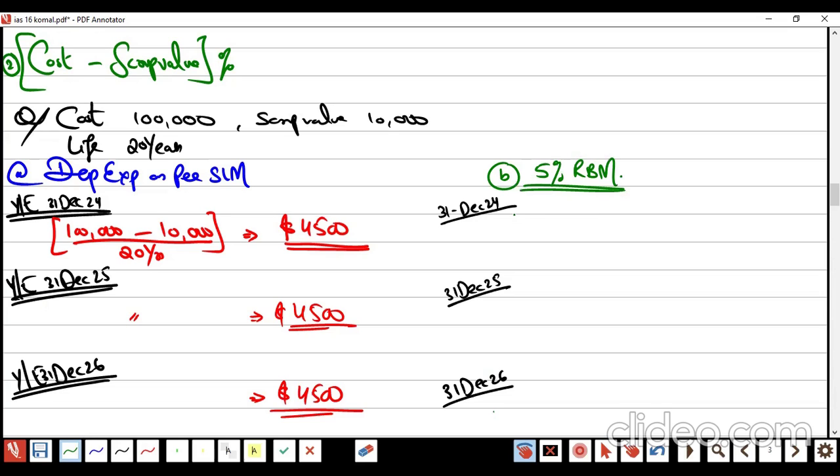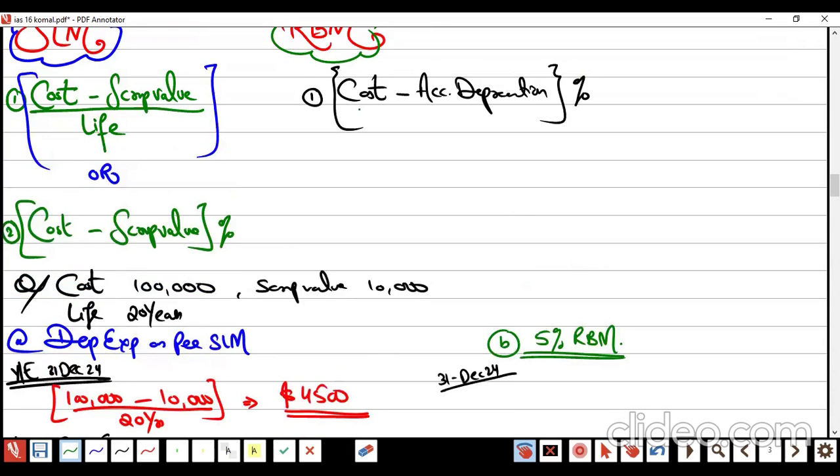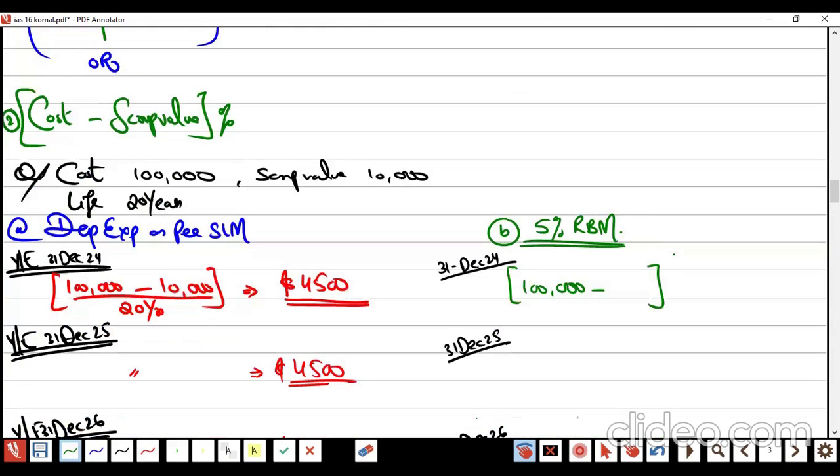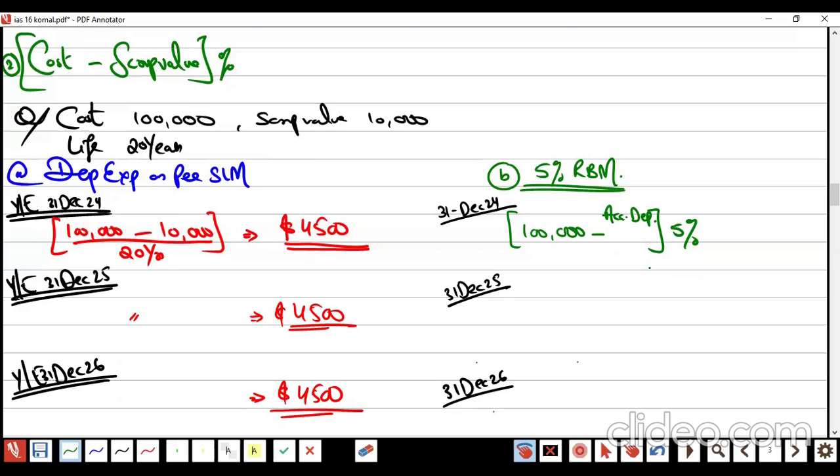So what is the formula? Cost minus accumulated depreciation. Cost is 100,000. Scrap value, no need. Rate is given, 5%. Accumulated depreciation: what is the meaning of accumulated depreciation? It is adding together all the depreciation from previous years.